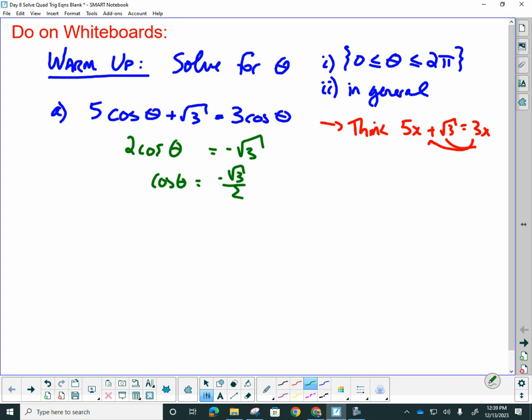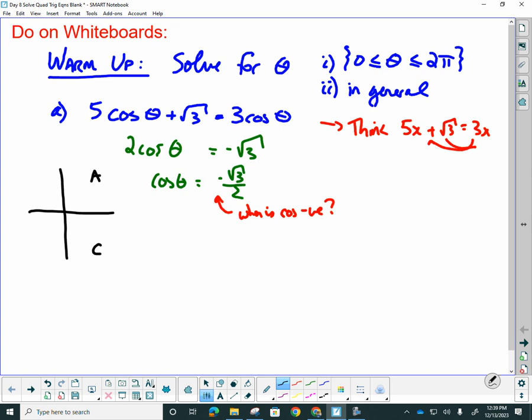And then we'll go through our process, ask ourselves the questions. So we're going to ask, when is cos negative? We'll come over here and draw our picture.